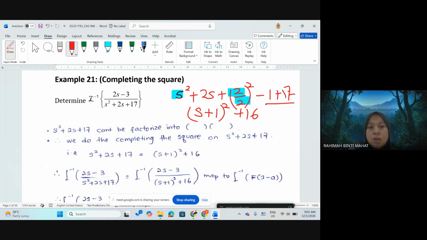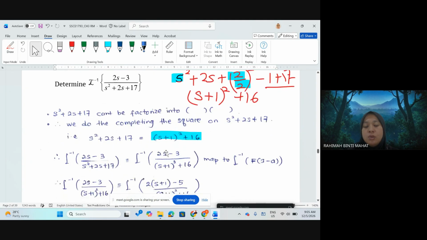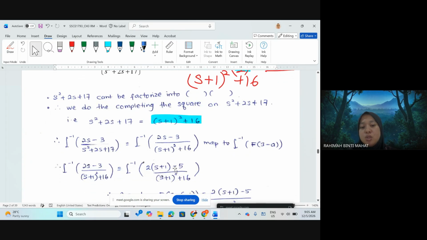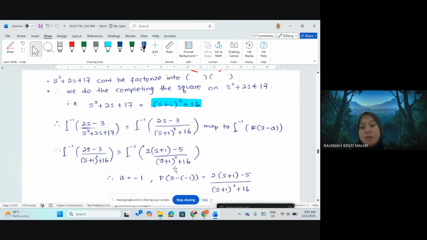So the answer is similar to what I have written here: s plus 1 squared plus 16. This is by using completing the square. So you get the Laplace inverse of 2s minus 3 over s plus 1 squared plus 16.